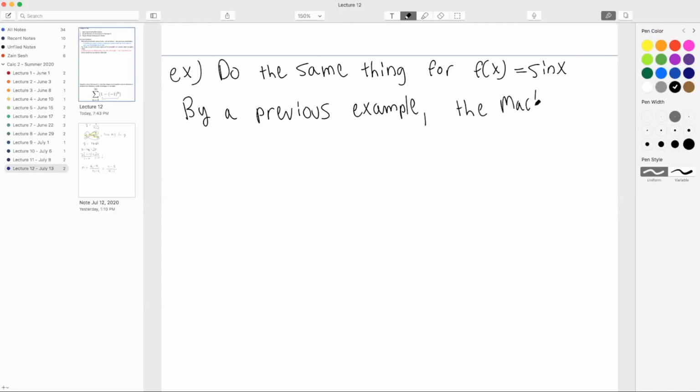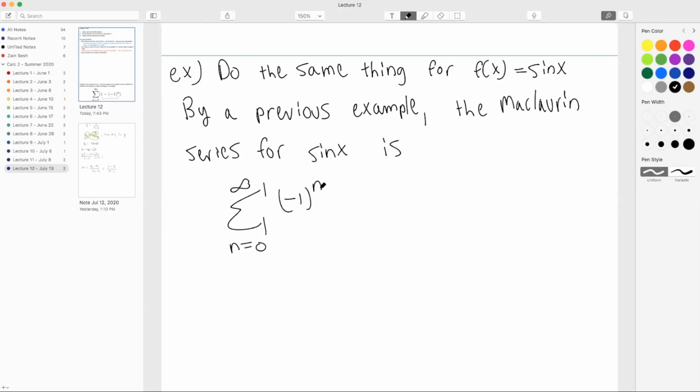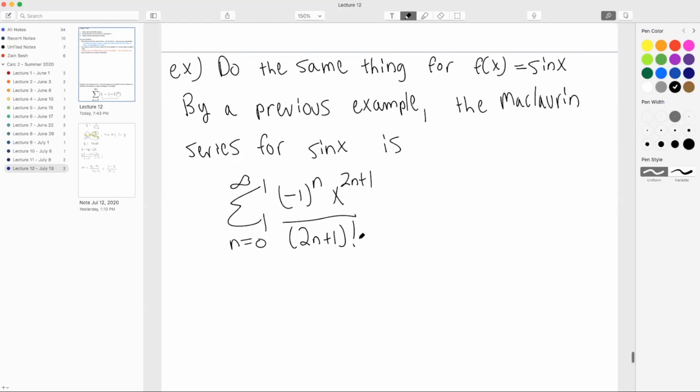The Maclaurin series, remember, a Maclaurin series is just a Taylor series centered at x equals 0. The Maclaurin series for sine of x, which we had previously in class, is the sum of negative 1 to the nth power multiplied by x to the 2n plus 1 over 2n plus 1 factorial. So that was just from earlier.